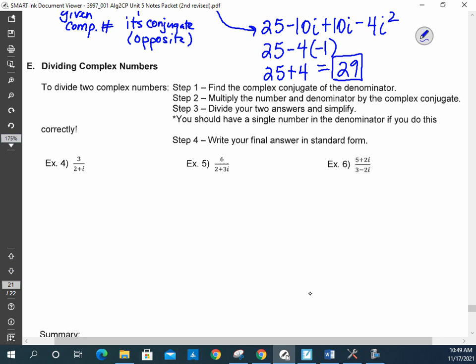Step 1, find the complex conjugate of just the denominator. So for example 4, the denominator is 2 plus i, so that means its conjugate is 2 minus i. Just change the sign that's in the middle.